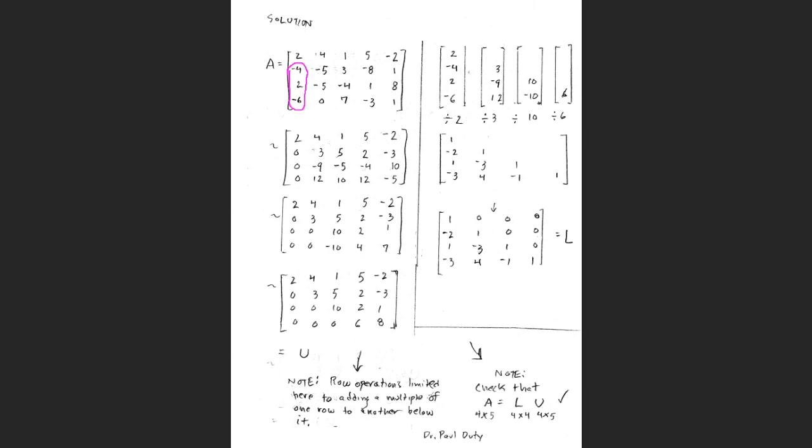What numbers do we want to be there? Zeros, that's right. So we're going to use the 2 as a pivot.